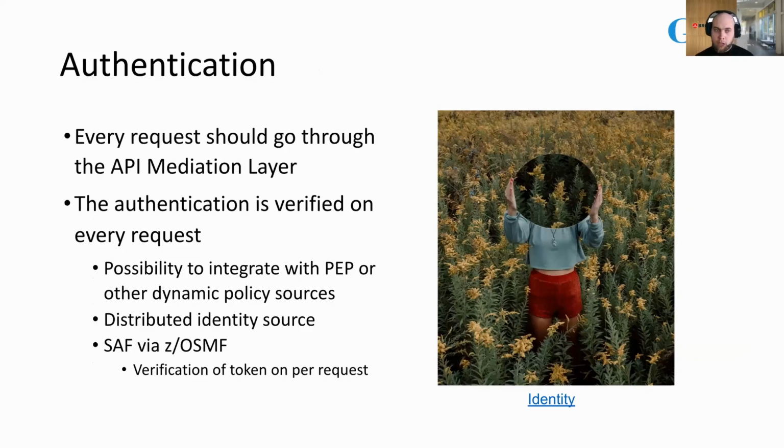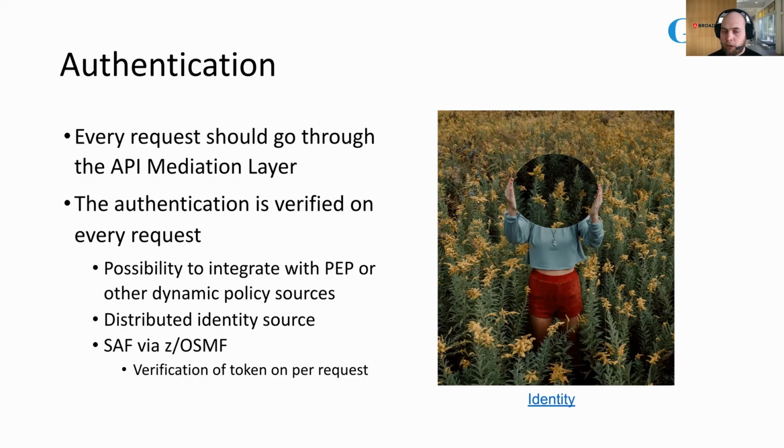As for the authentication, every request should go through the API mediation layer, as it is already a single point of access. We are already verifying authentication, at least to some extent, on every request. It's possible to integrate with the policy enforcement points or other dynamic policy sources. Or if you feel like what you already have is becoming a standard, let us know, and maybe we can even integrate support for a specific protocol in the API mediation layer itself.